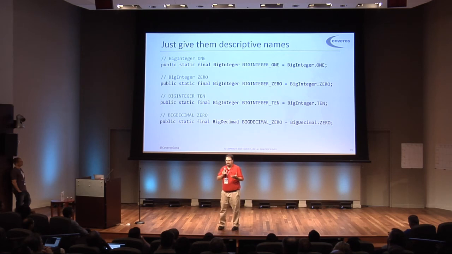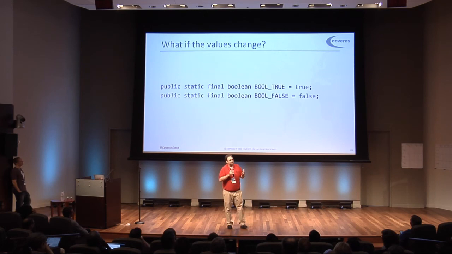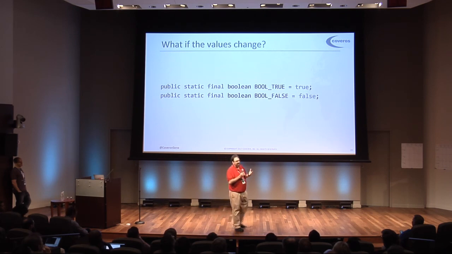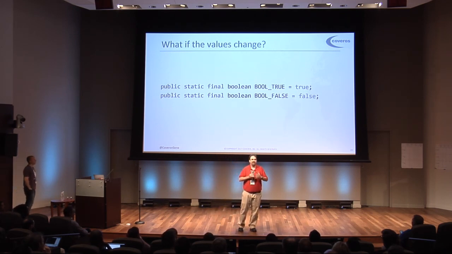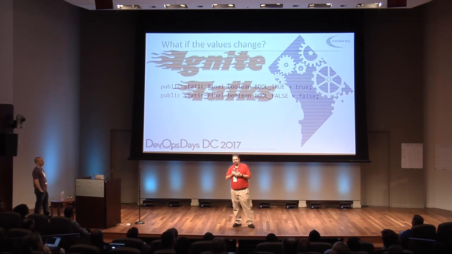And don't be shy about adding comments to help explain the position so that everyone knows what they're there for. Finally, having all your constants in one spot can be really helpful if you ever need to globally change a value. In this case, if we ever need to change what the value of Boolean true is, we can do it in one spot. It changes throughout the code, which could explain that ternary operation earlier.